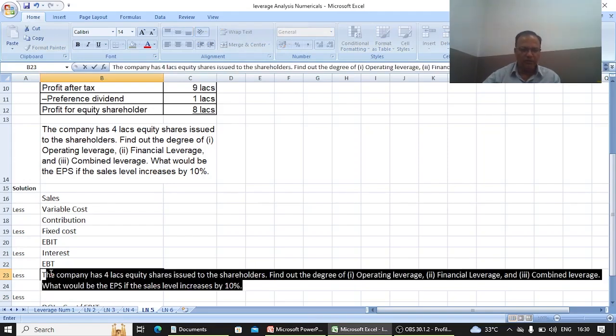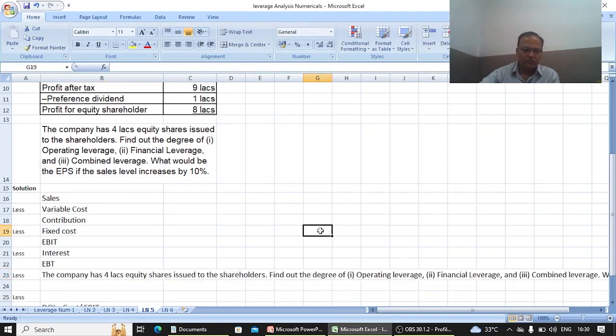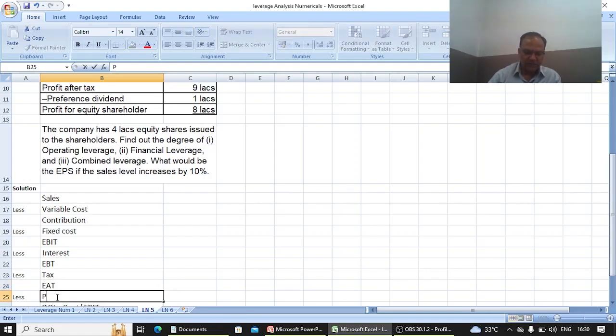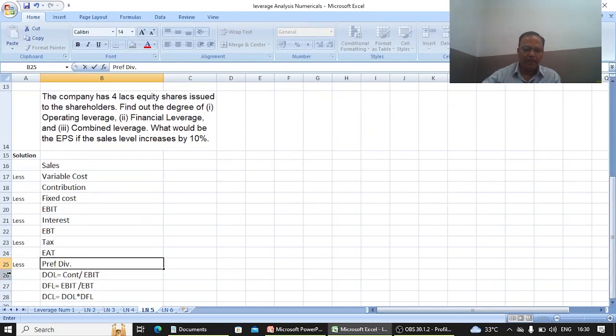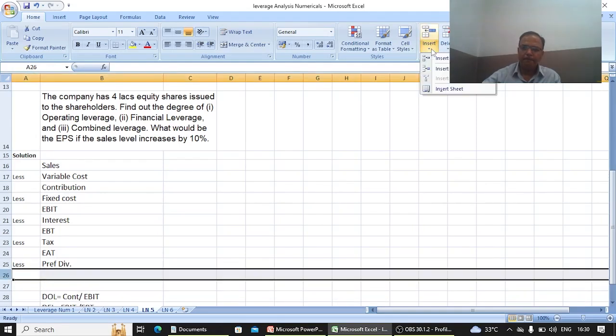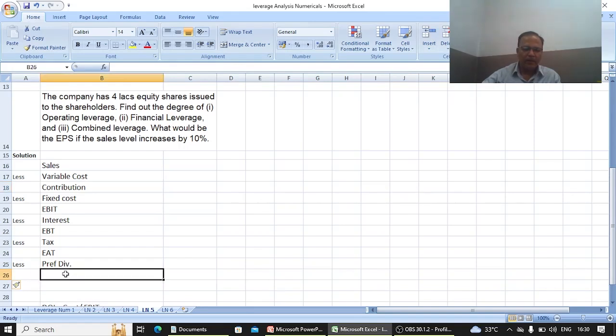Less tax, EAT. Less preference dividend. Earning available to equity holders.